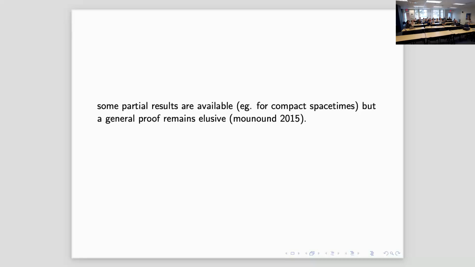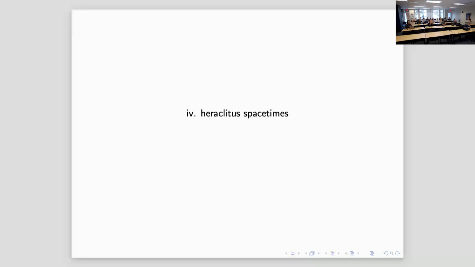There are some partial results concerning the genericity of giraffe spacetimes. Compact spacetimes is one area that's been looked at, but a general proof remains elusive. Okay, now for the third level, Heraclitus spacetimes.